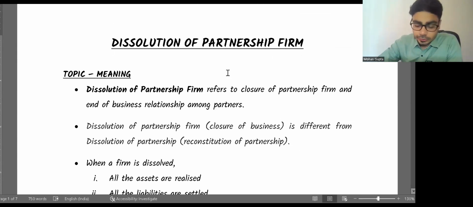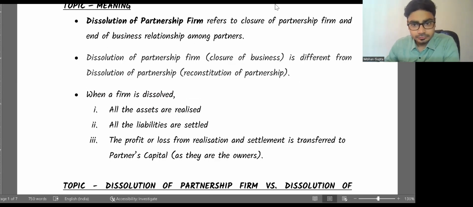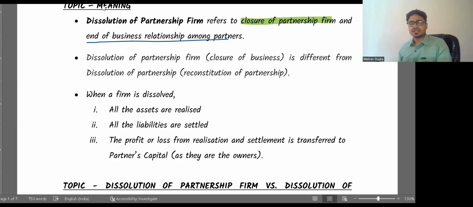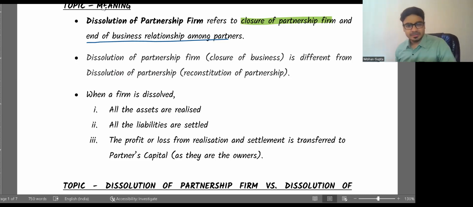Okay, so dissolution of partnership firm basically means closure of partnership firm, and end of business relationship among partners. So a partnership firm gets closed and that is dissolution of partnership firm. For example, there are two partners, Santa and Banta. They had a major disagreement and a big fight, and they have decided to dissolve the firm. They are just closing down the firm.